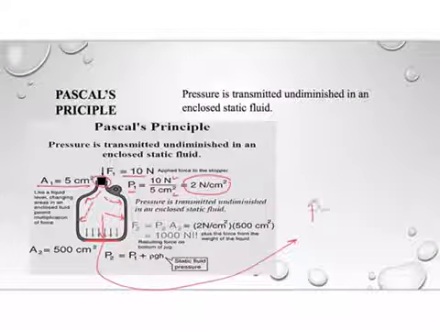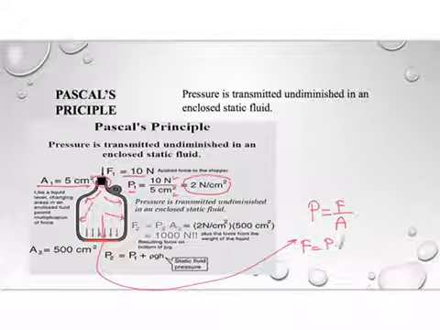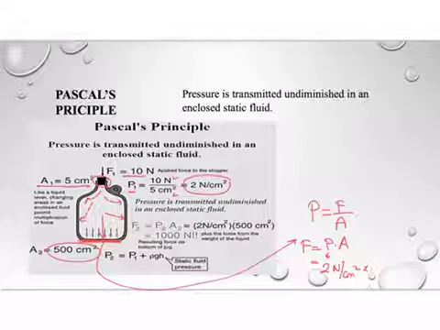As pressure is equal to force over area, then I can say that force is equal to pressure times area. So this transmitted pressure, which is equal to 2 Newton per centimeter square, times the area of the base, which is equal to 500 centimeters square.